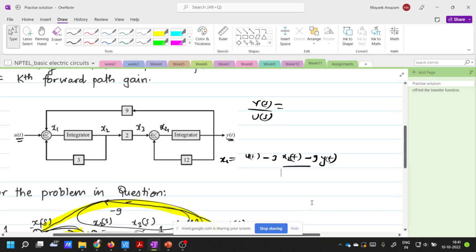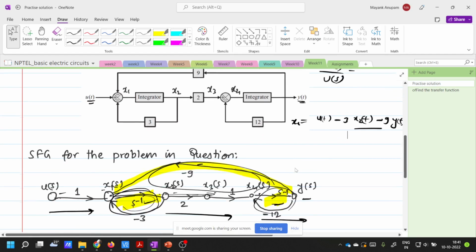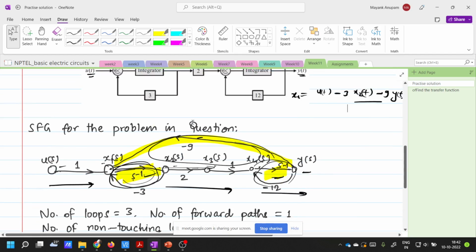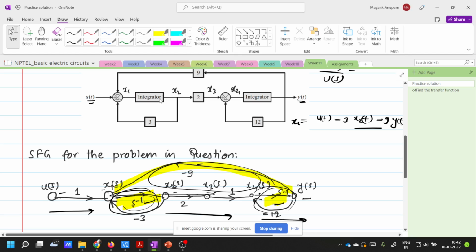So this is x1. How will you present that in terms of the signal flow graph? You see, from x1 to x2 you have an integrator, so that integrator can be represented like this.